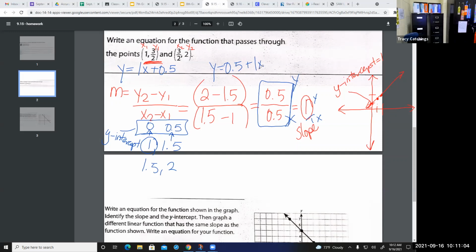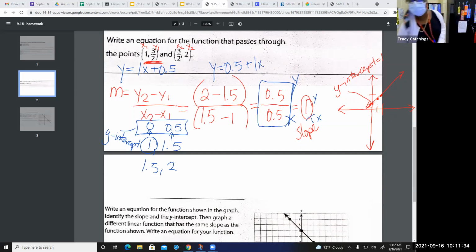Either or. So you can graph it to see where it crosses, or you can work backwards with that slope. Any questions? All right. Anybody still need something?